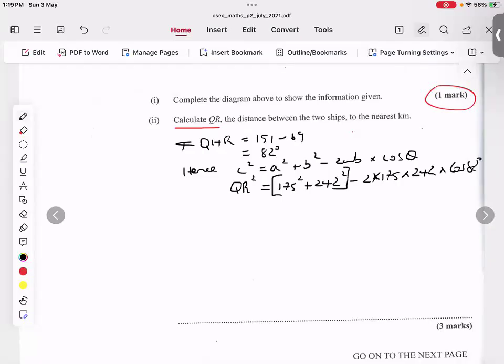So what is 175 squared plus 242 squared together? You get 89 point something. You sure? 89,189.